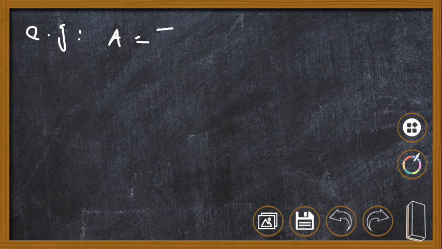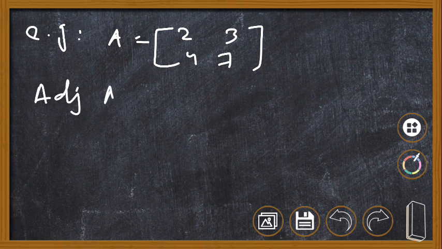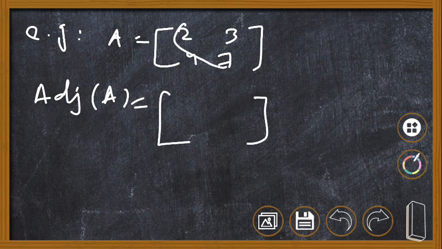If I take A as 2, 3, 4, 7, and ask you to find the adjoint of this matrix, you simply exchange the diagonal elements, so here comes 7 and here comes 2. Then the signs of the non-diagonal elements are changed: this is minus 3 and this is minus 4.